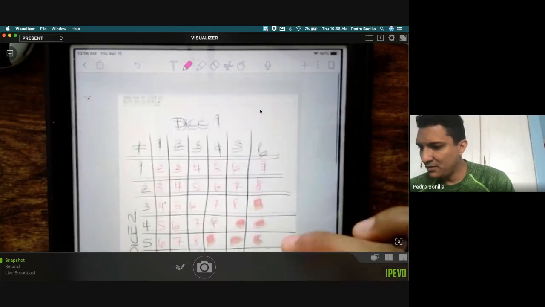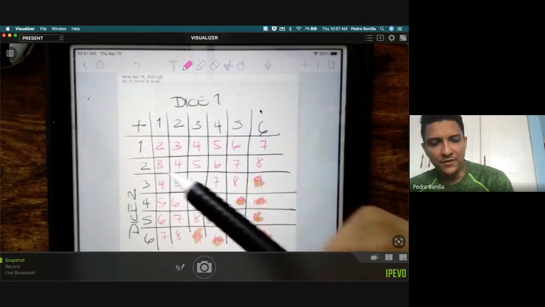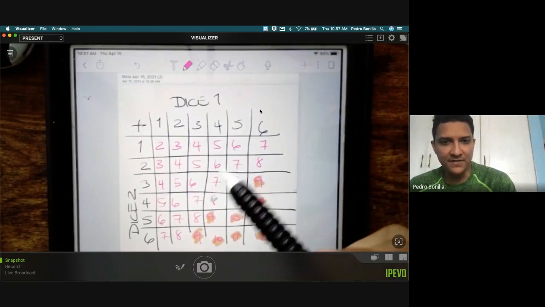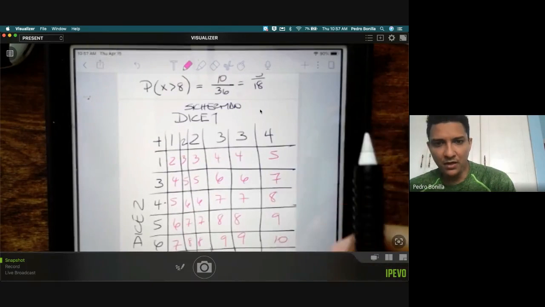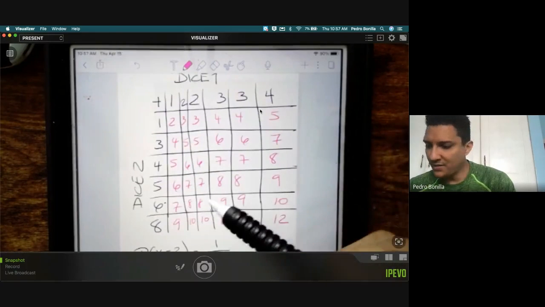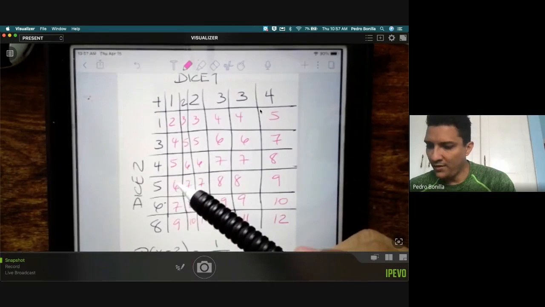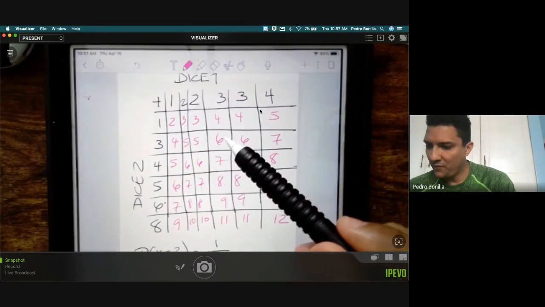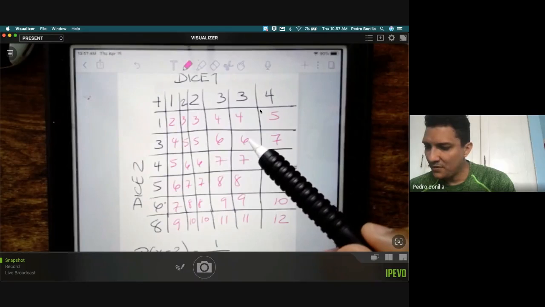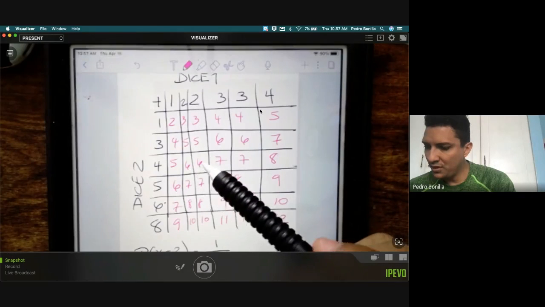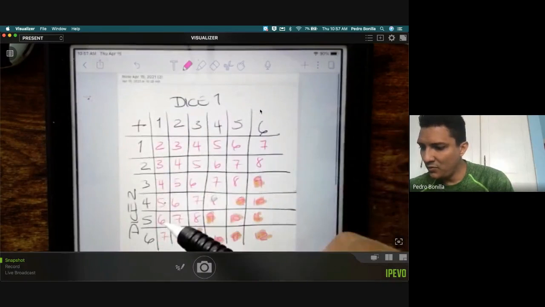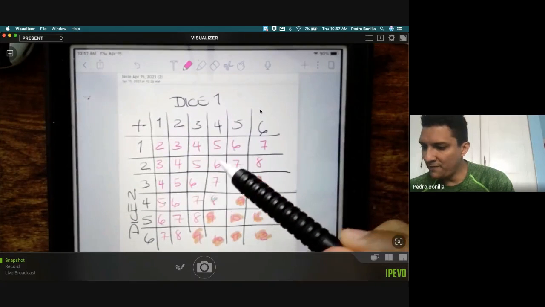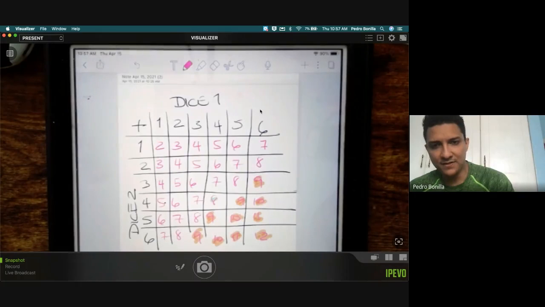Here, 2 out of 36. Let's see 6. According to the Zickerman dice, to get 6, we have 1, 2, 3, 4, 5 out of 36. Here, 1, 2, 3, 4, 5 out of 36.